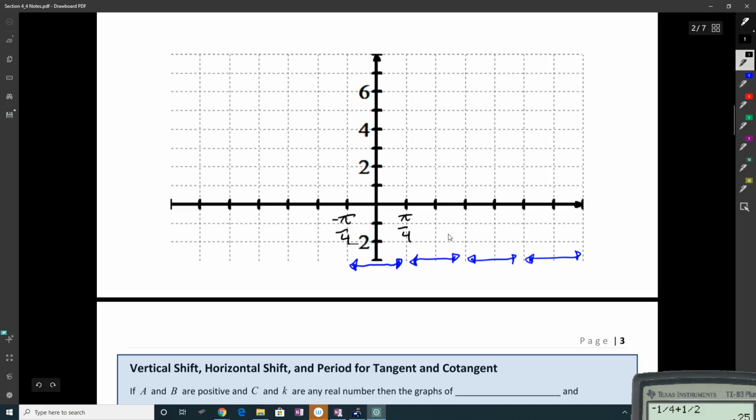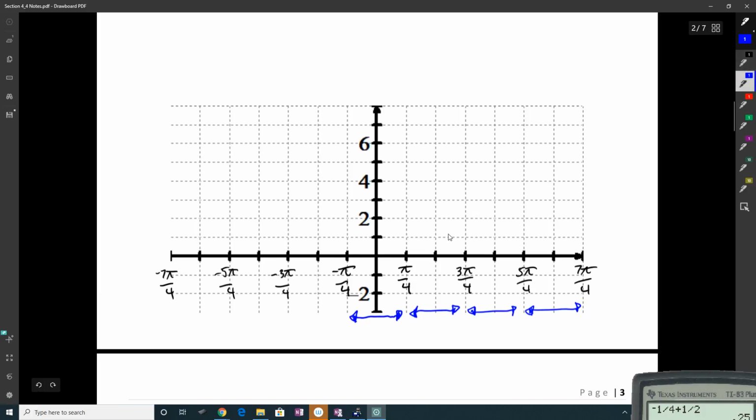So that means that my 3 pi over 4 is going to be here. 5 pi over 4 is going to be here. And here is 7 pi over 4. Do the same thing, basically go over 2. And so now there's my axis there. And so the box I'm creating goes from 1 to 5.